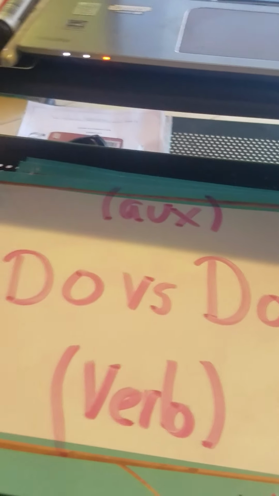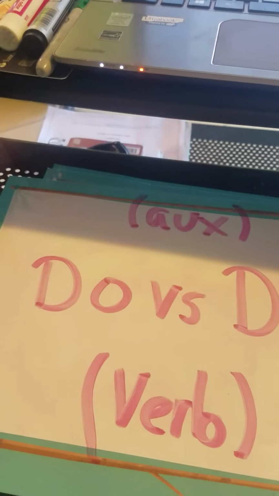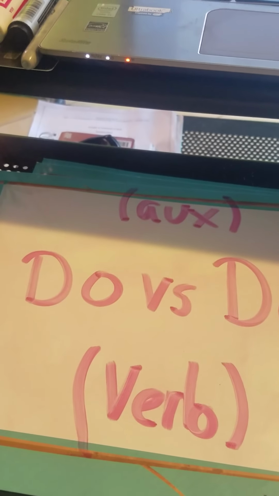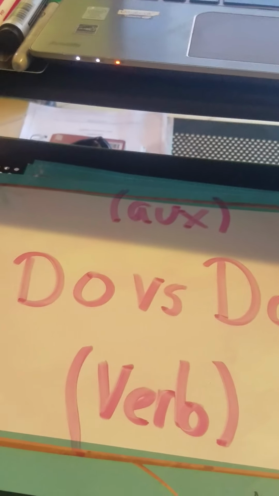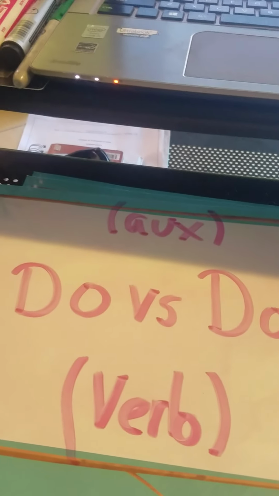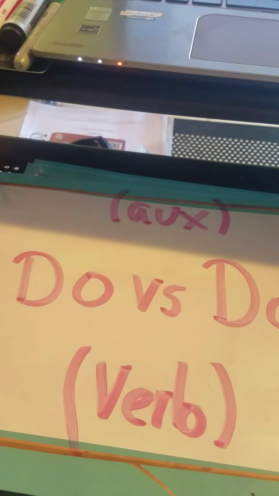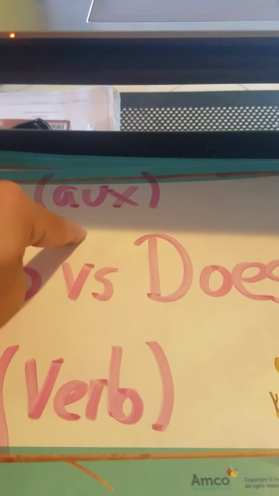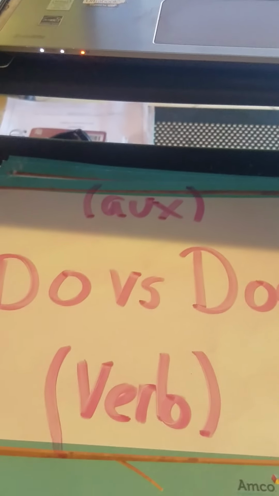Remember, guys, that every time you ask a question to that person in front of you, you need to use the word do, because your question belongs to somebody. So you need to add the word do or the word does as an auxiliary when you ask a question.